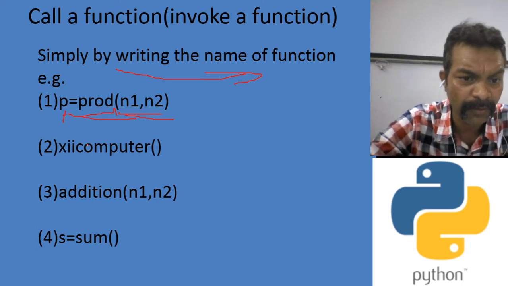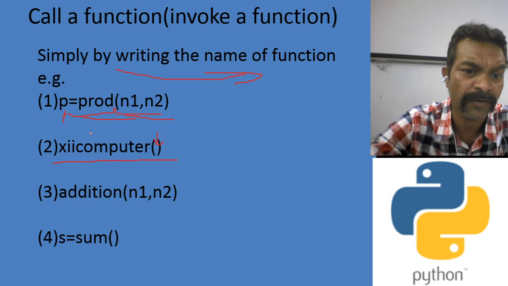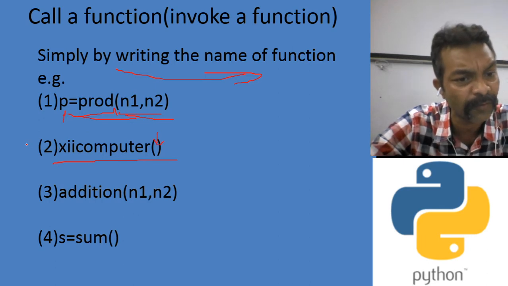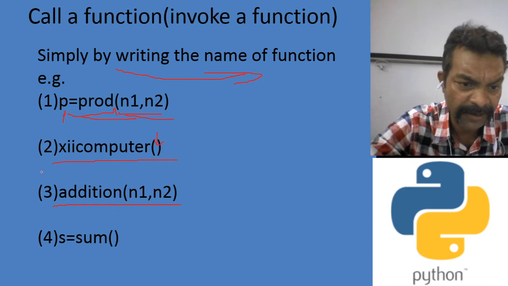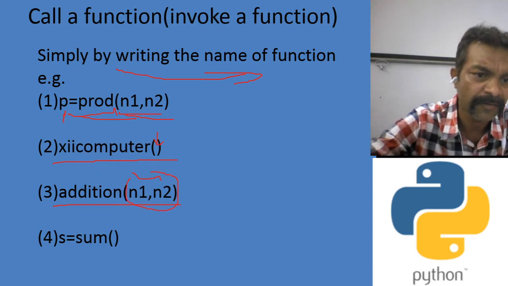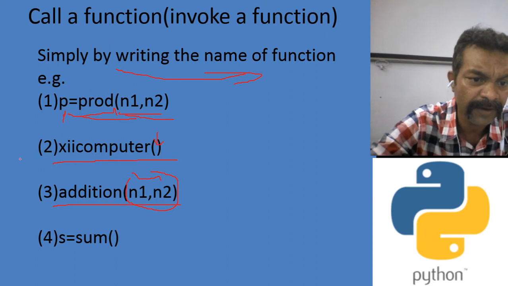The next example shows 12th computer, because there is no parameter and this function is not returning any value, that is why no variable is required. The third one is addition. This function is receiving two values, two parameters, but not returning any value, that is why we have not written any variable here.